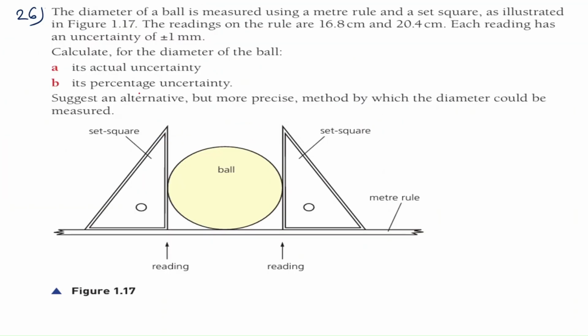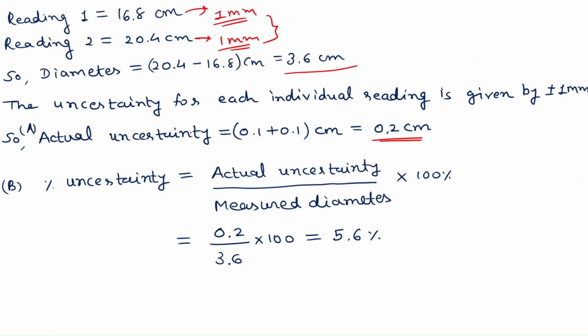Now in part B, they ask about percentage uncertainty. We all know the percentage uncertainty is the actual uncertainty upon the measured diameter into 100, meaning 0.2 upon the value here into 100.